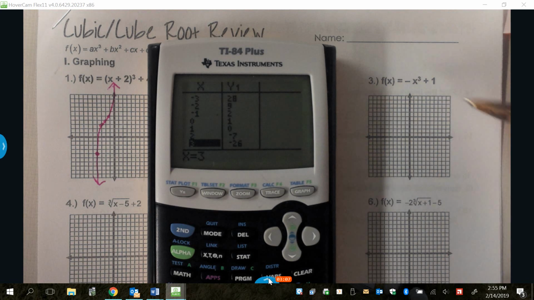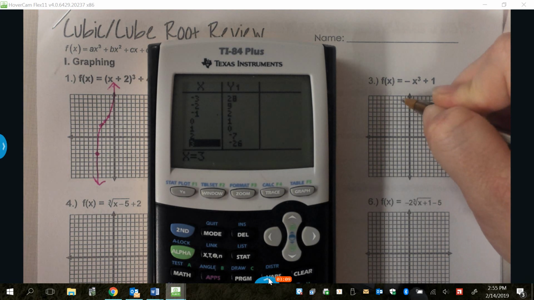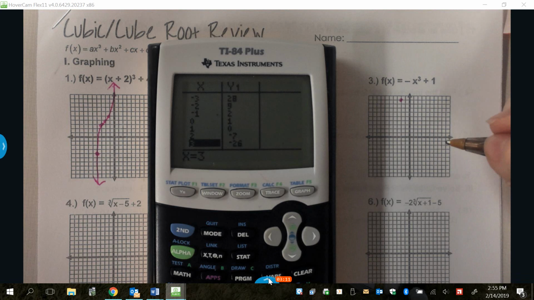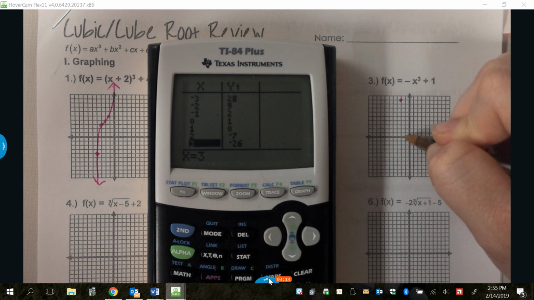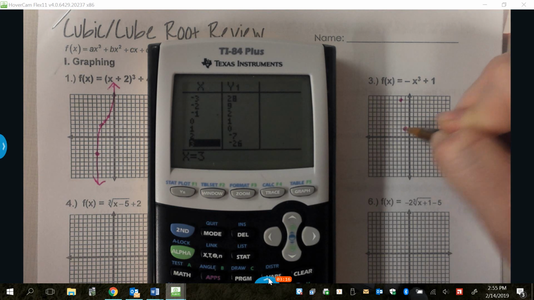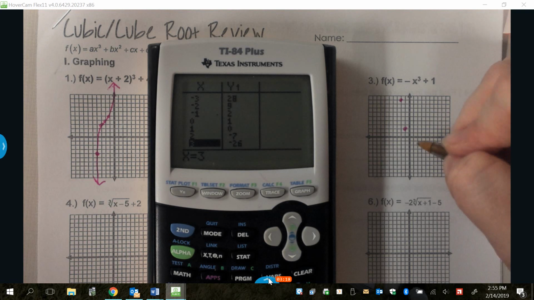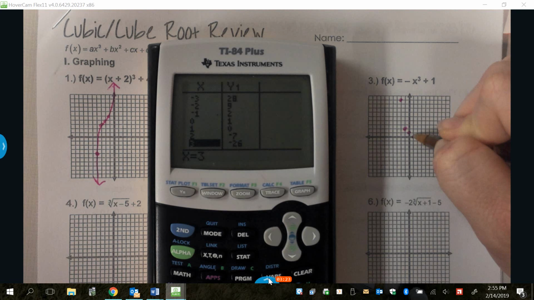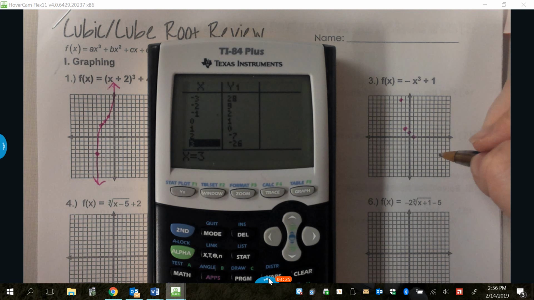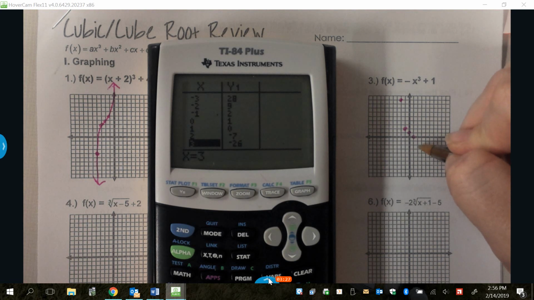So negative 2, 9. Negative 1, 2. 0, 1. 1, 0. And 2, negative 7.